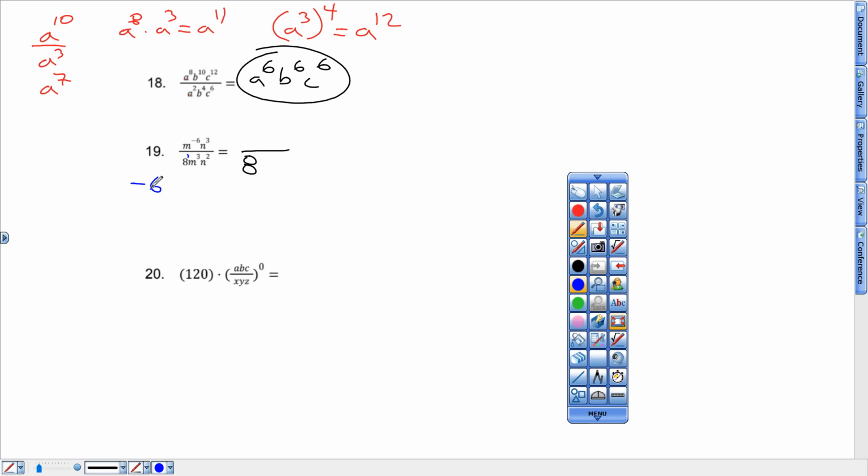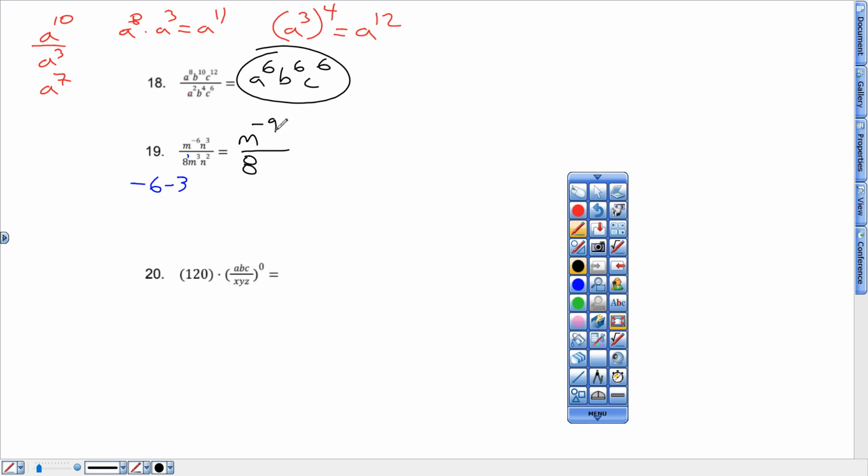We're looking at the m first. So it's not just plain 6 minus 3, it's negative 6 minus 3. What's that give you? That gives you m to the negative 9.